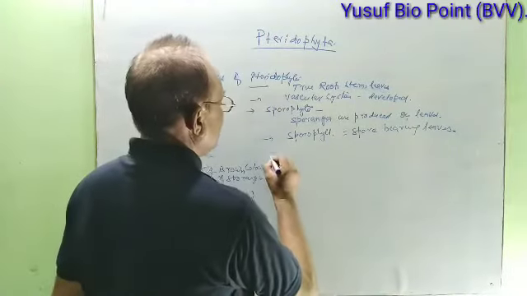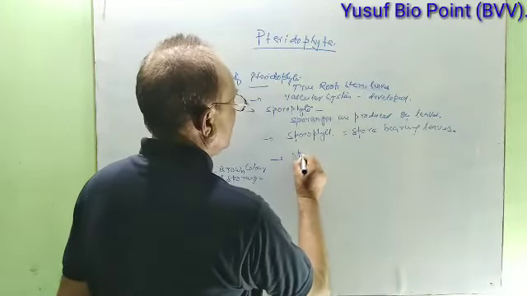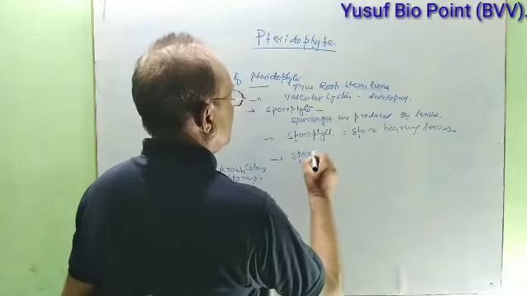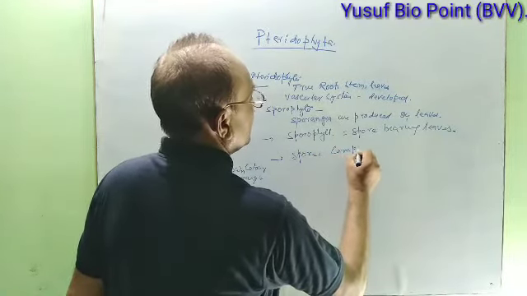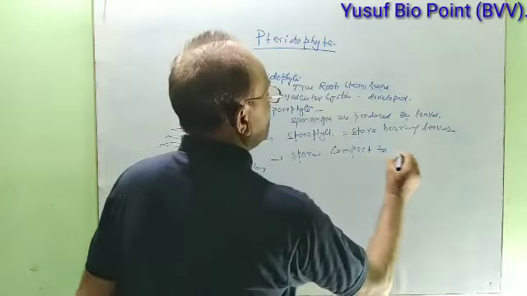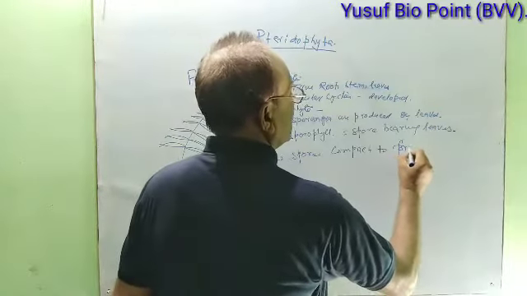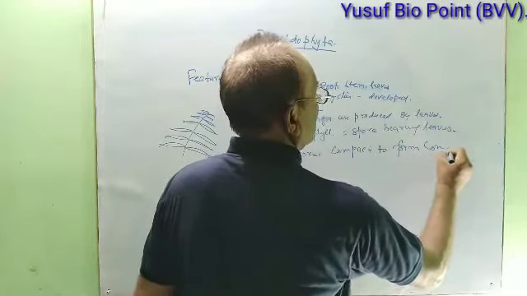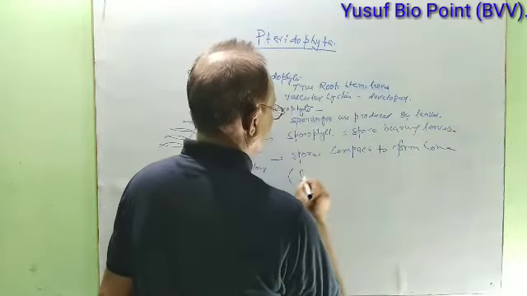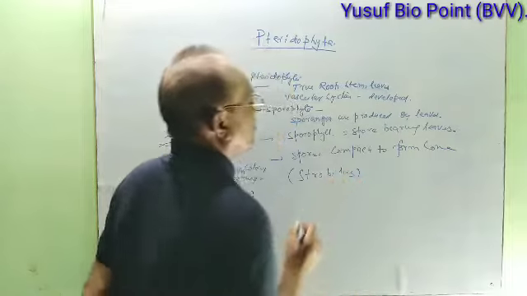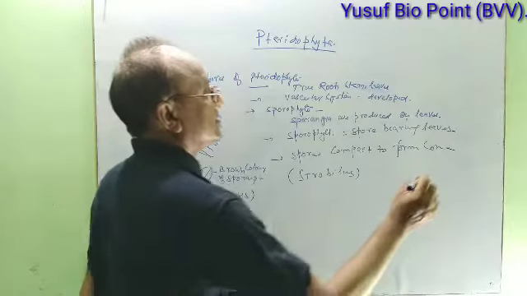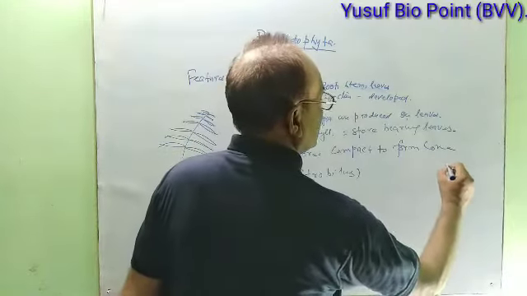In some plants, the sporophylls and the spores are compact to form a cone or strobilus. कुछ पौधों में ये strobilus होते हैं.